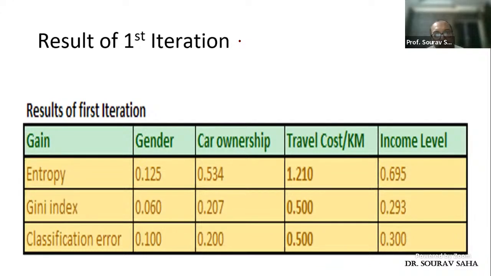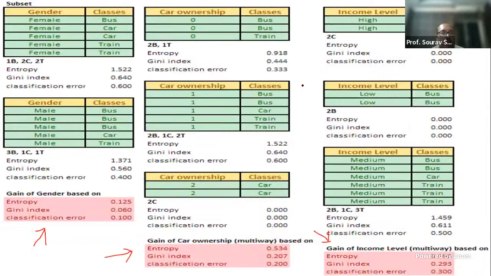Once again, let me repeat what we said, right? What was the impurity value at my root node, vis-a-vis whenever I have split by each of these variables, be it the gender or the car ownership or the travel cost or the income level? These are the impurity values which I have got.